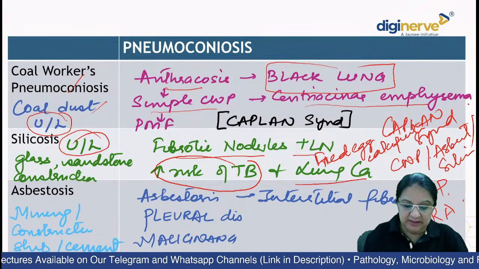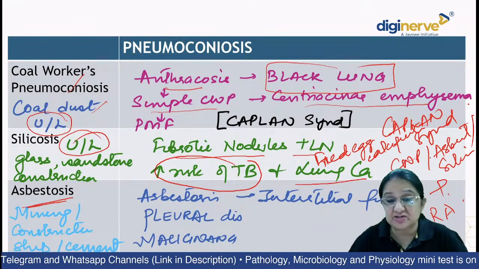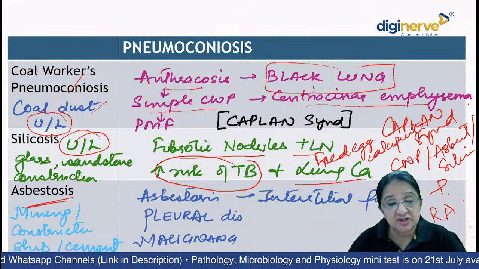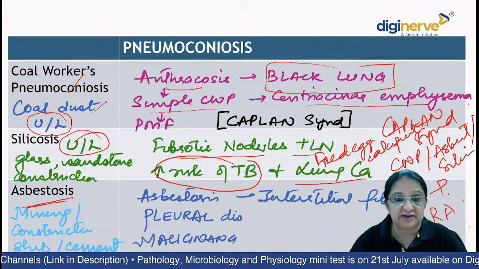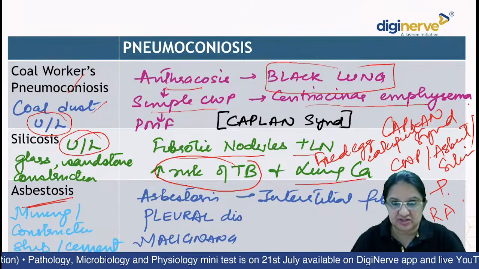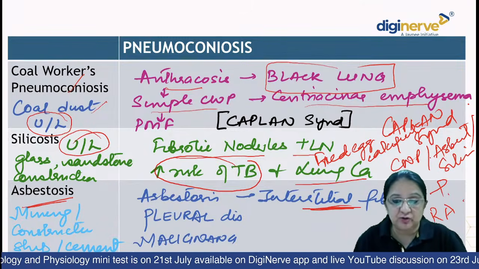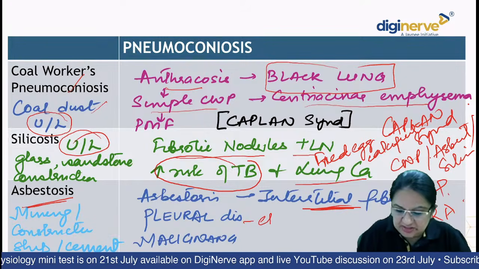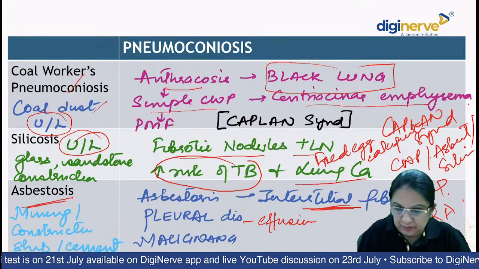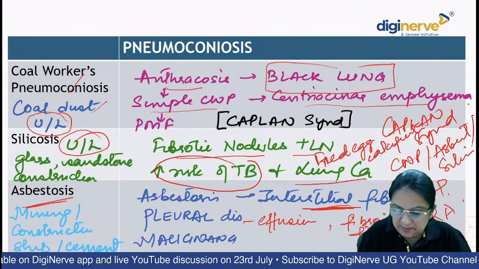Okay, then coming to asbestosis. Which industries? Mining industries, construction industries, ship repair industries, or cement factories. Asbestosis is the common pneumoconiosis seen in these industries. You will see interstitial fibrosis. Pleural disease, what all pleural disease will you see? You will see effusion. You can also see fibrosis, and you can also see plaques.